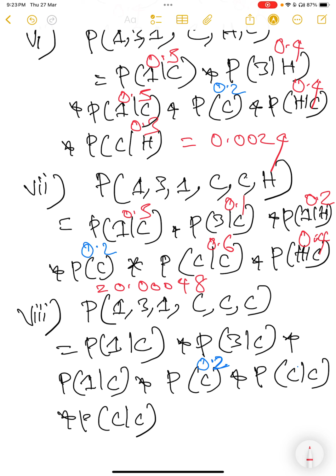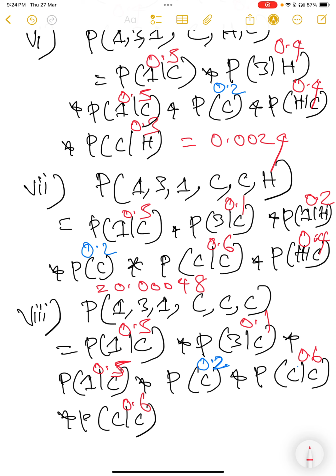So 1, 3, 1. Last one we are going. 1 given C is 0.5. 3 given C is 0.1. 1 given C is 0.5 again. C given C is 0.6, and 1 given C is 0.5.